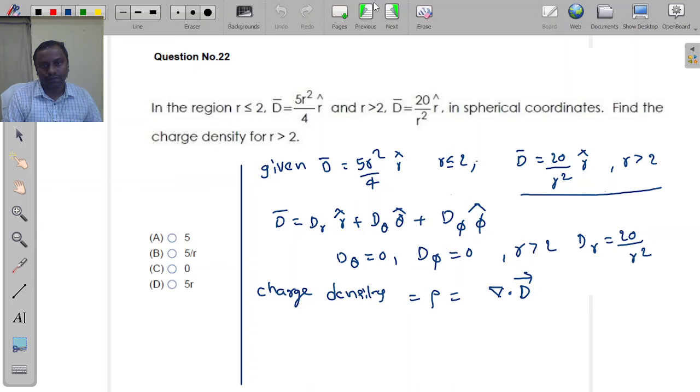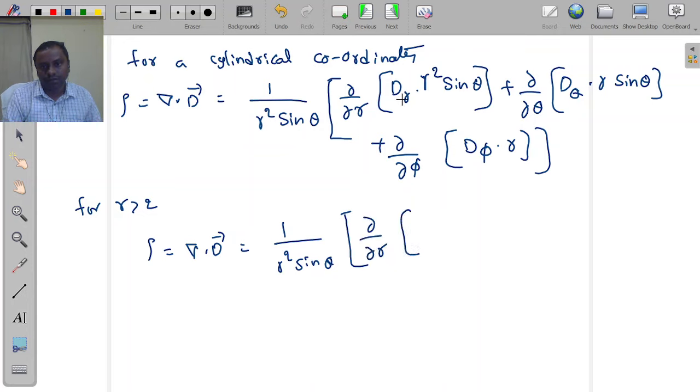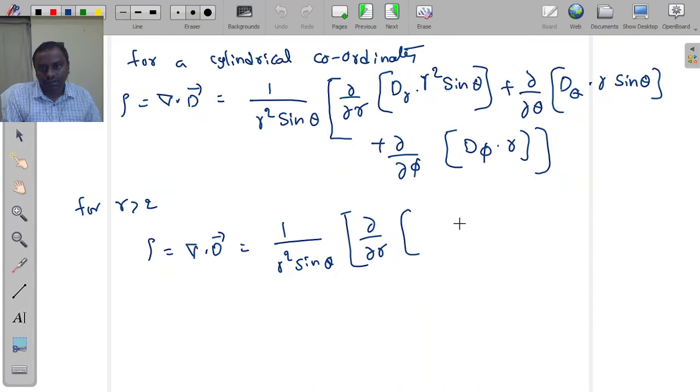For r greater than 2 meters, the charge density rho is del dot D, which is 1 by r square sine theta into dou by dou r into, what is the Dr for r greater than 2? 20 by r square, into sine theta, plus this entire term becomes 0, D theta is 0, this term is 0, D phi is 0, so 0 plus 0.